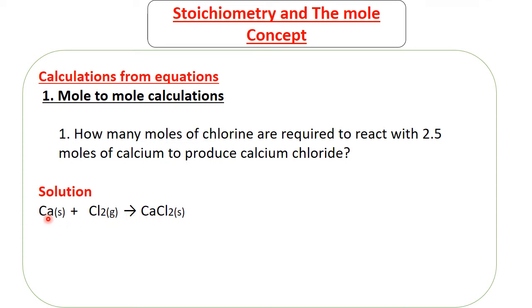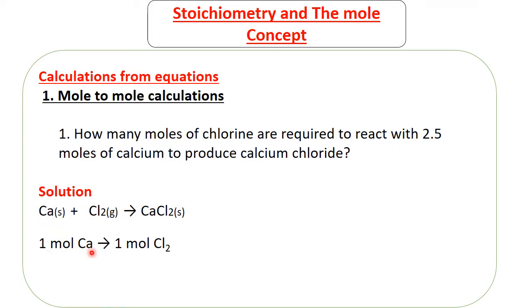With that insight, now we know the equation, but here we have a situation where we have 2.5 moles of calcium. So we're going to write the relationship from the equation.